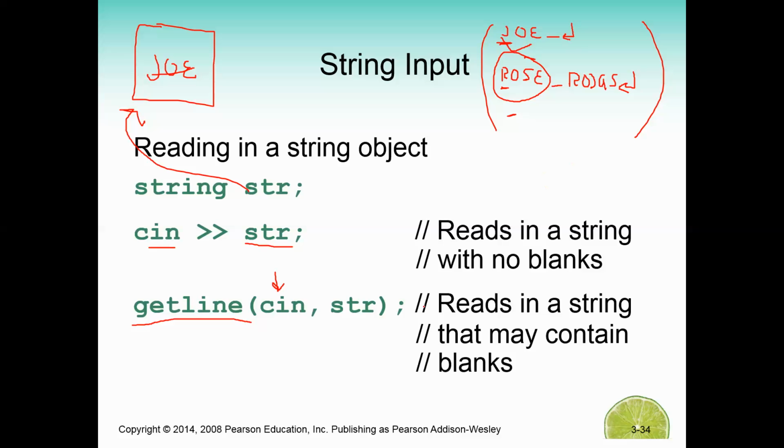Comma, now the variable where you're going to be placing the value. This one is going to read in a string that may contain blanks. So if I use this instruction and I type Rose space Rojas, then the whole thing is going to go into my str variable. If I don't use getline open parenthesis cin comma str, then I'm going to get the wrong information.